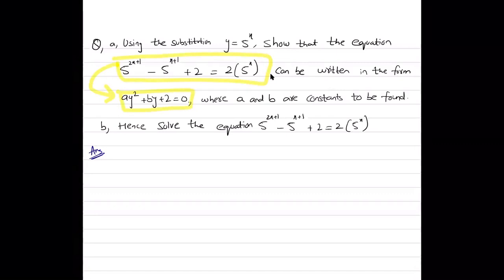Yeah, I'll try. Okay. Is the first part 5y square minus 7y plus 2?